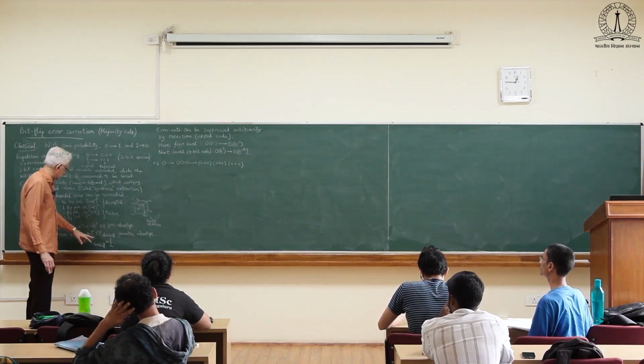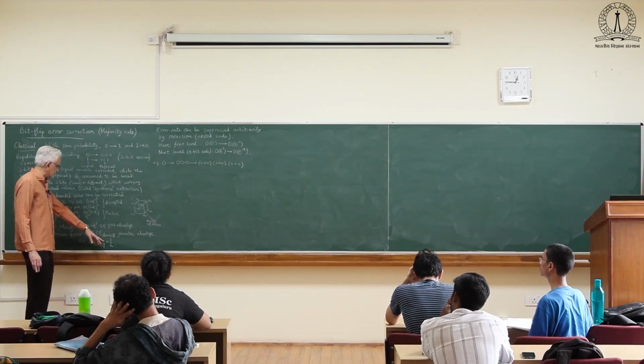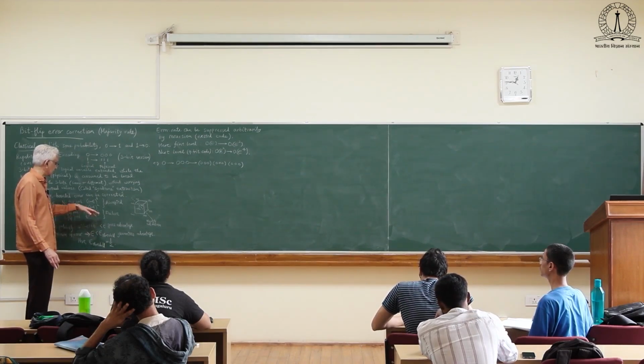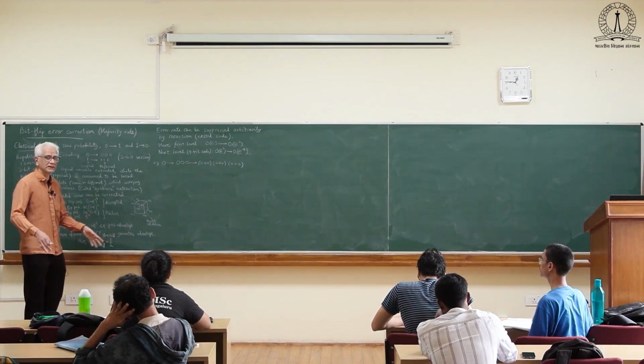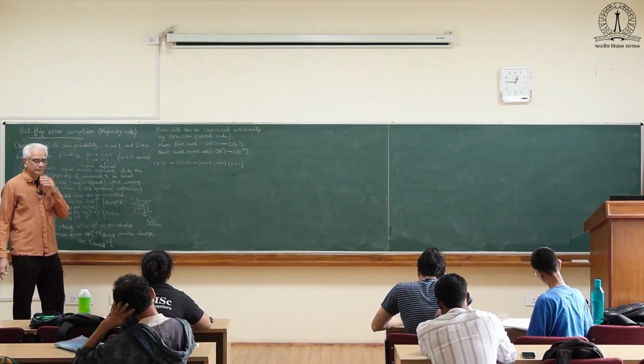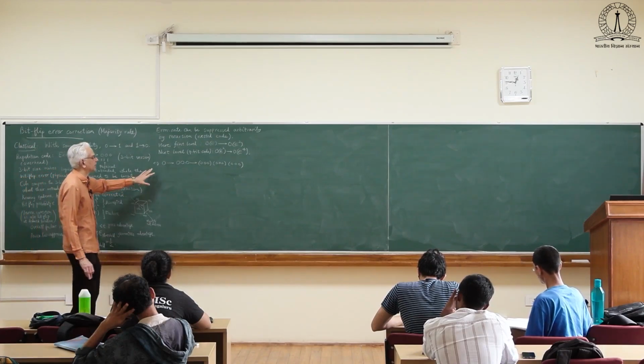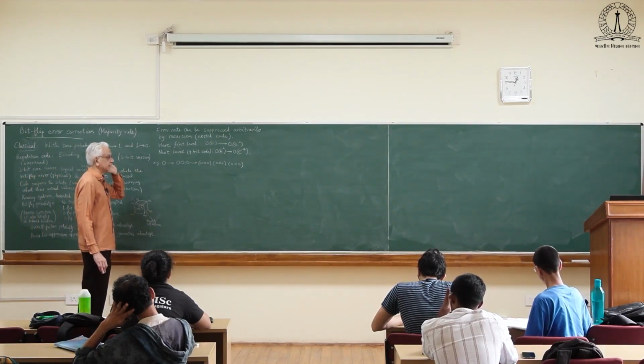Provided this thing is satisfied. Here it was half, but if I started with a quarter, then it will be 1 over 16, and then it will be the square of 1 over 16 and things like that. So that is enough for the theoretical proof.